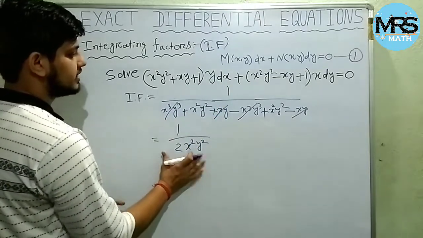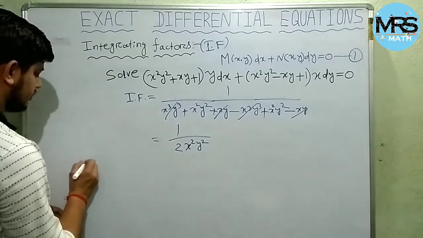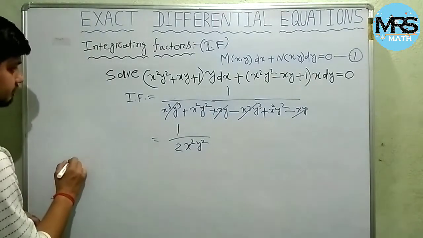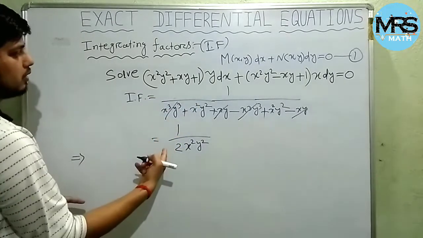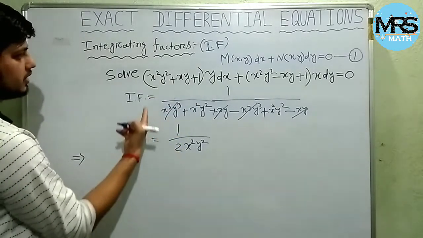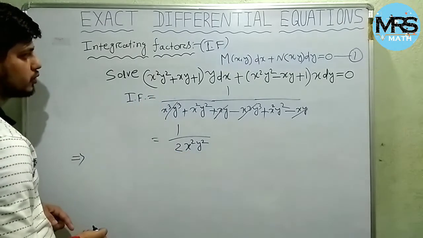So we will multiply this integrating factor with our problem. So I can start from here. After multiplying this one, what we will get? This will be x square y cube, then it is x square y square.